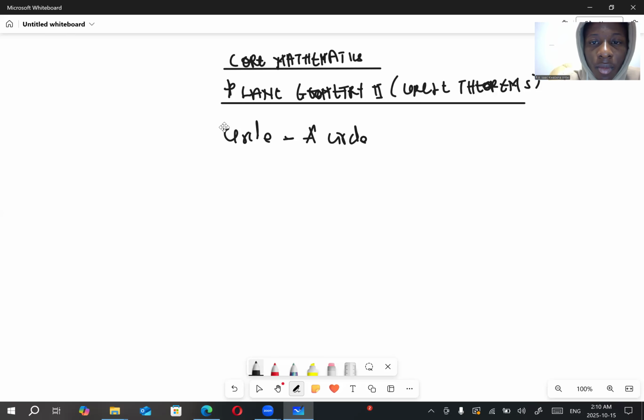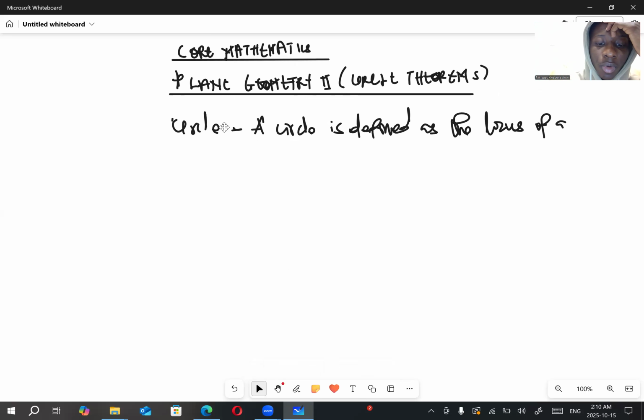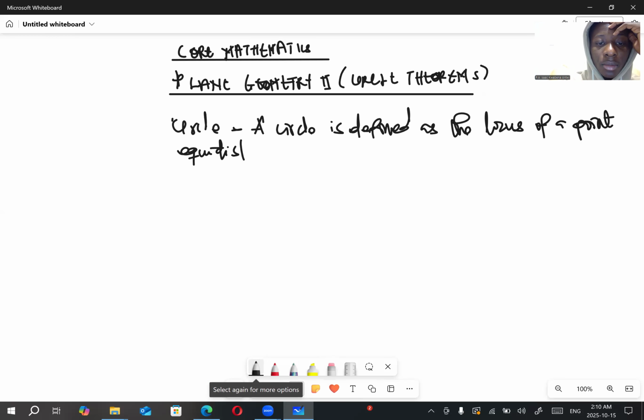A circle is defined as the locus of a point equidistant from a fixed point.